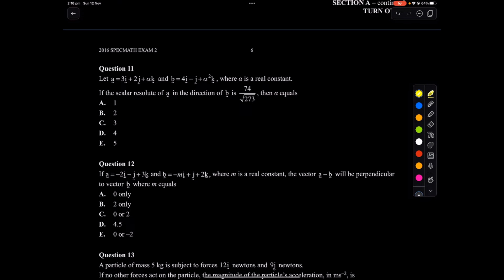The scalar resolute in the direction of B is A dot B over the magnitude of B. So what is A dot B? A dot B is going to be 3 times 4, which is 12, plus 2 times -1, which is -2.